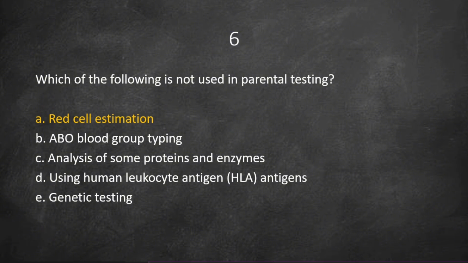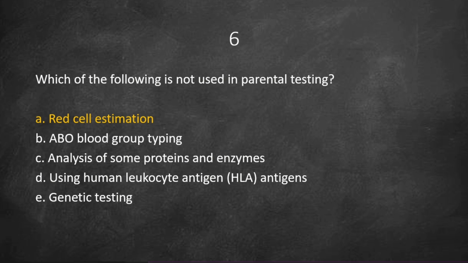Then option D, human leukocyte antigen, is also a very good and in fact precise parentage test, and it is even used to assess the compatibility for organ transplantation. So HLA antigens are also very important in determining parentage.